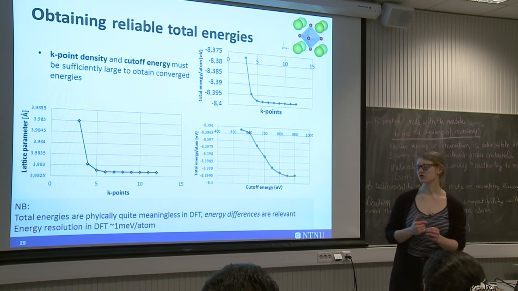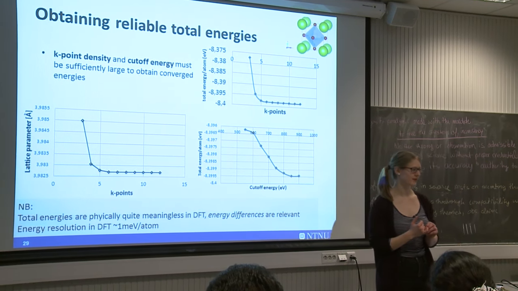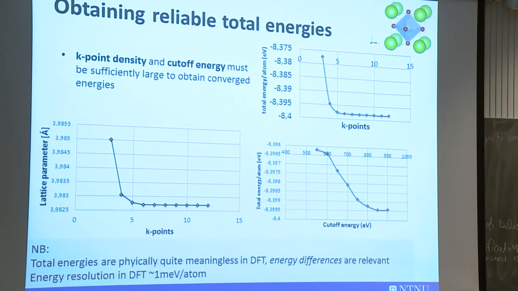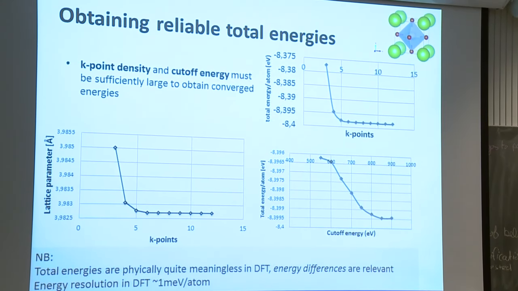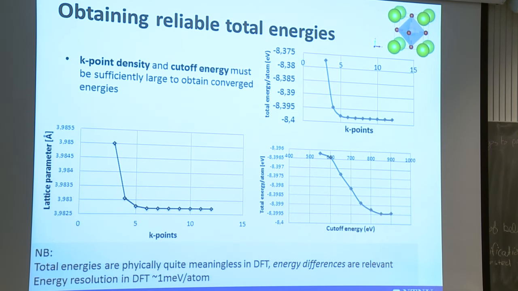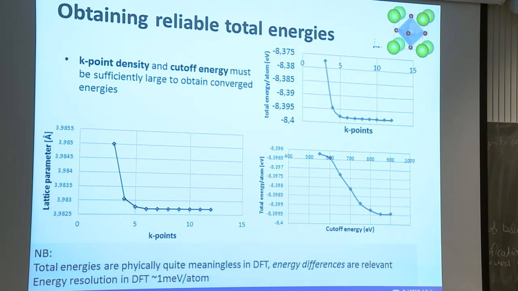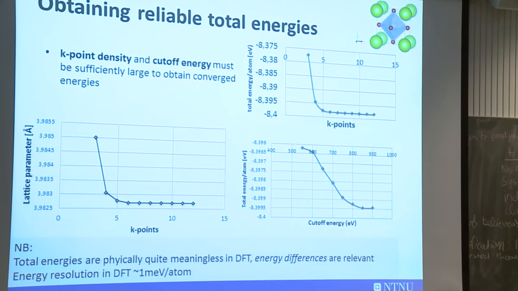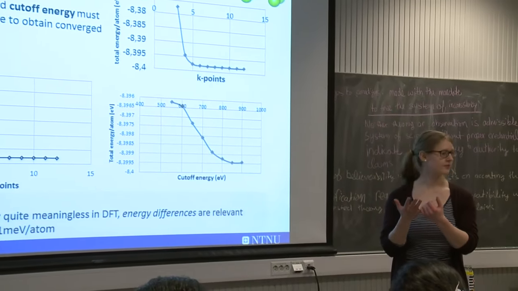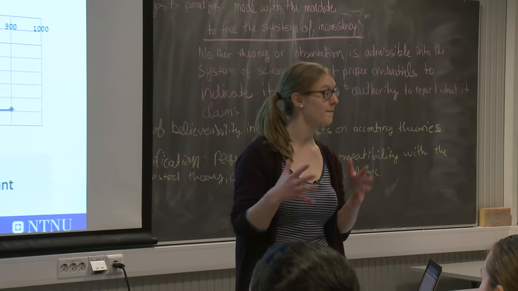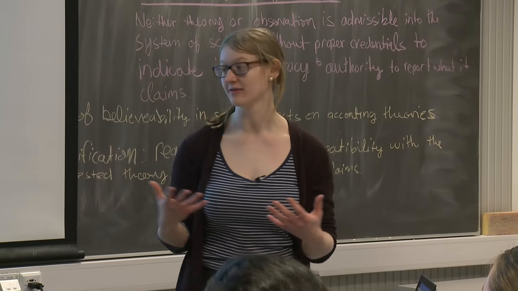I can make the point that total energies are not really what we care about in DFT. We always look at energy differences. It's not like, oh, the total energy of this system is minus 42. It would change with the pseudo-potential and with all your choices. But if you keep your choices the same when you do different calculations, so keep the K-points and the cutoff energy constant, then you can compare energies, and that's relevant.